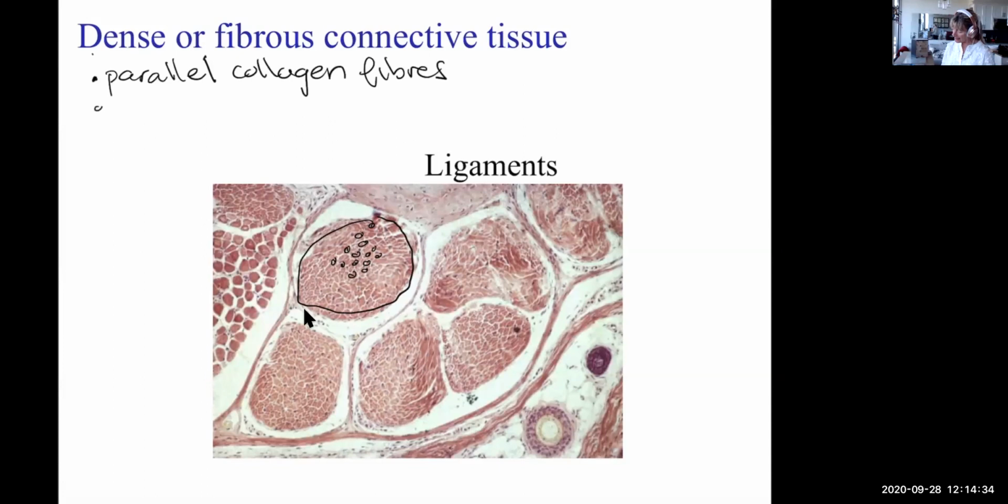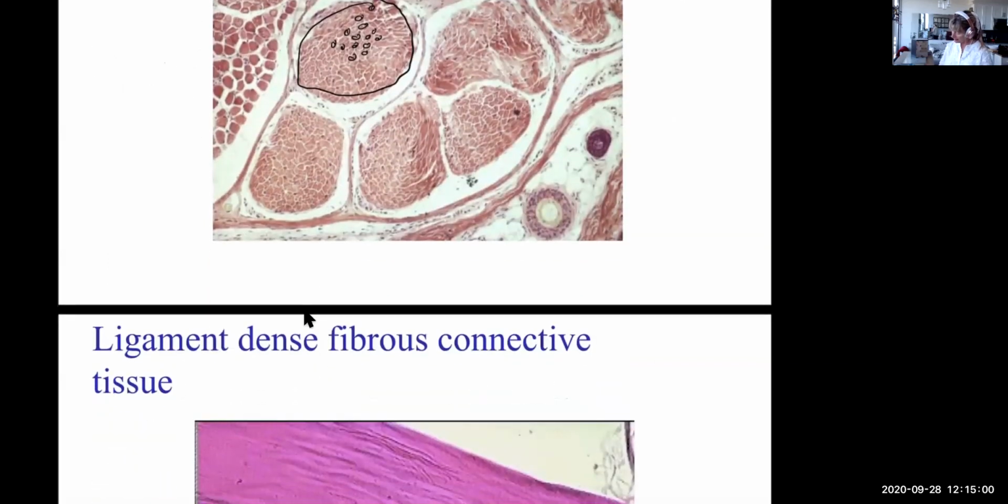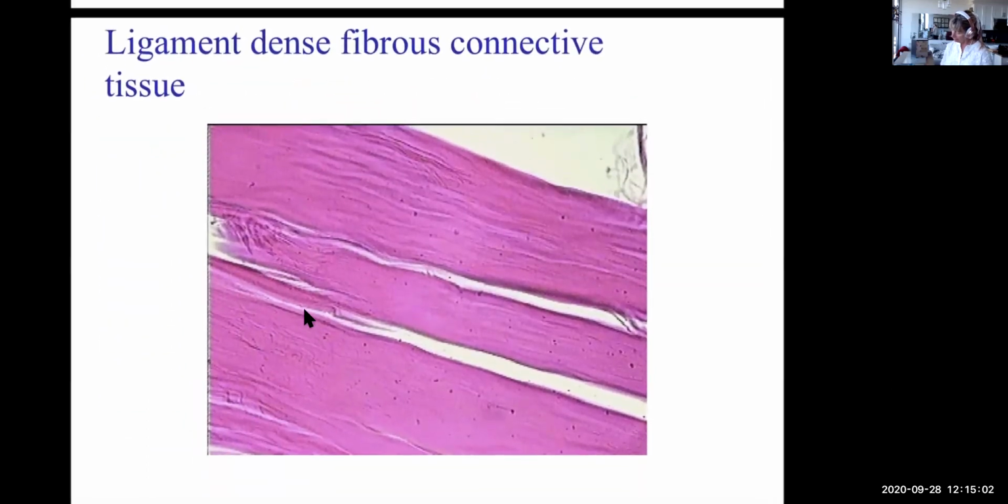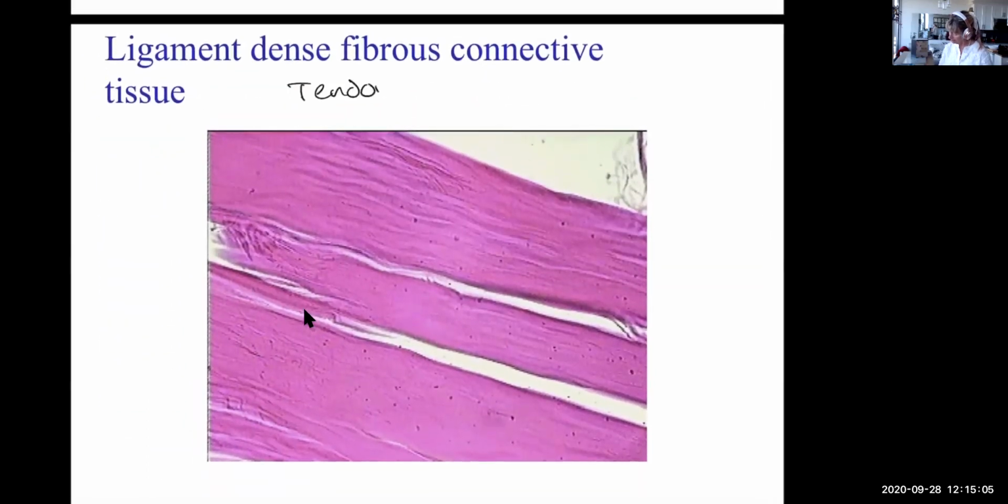They're densely packed. Ligaments attach bone to bone, and tendons attach muscle to bones.